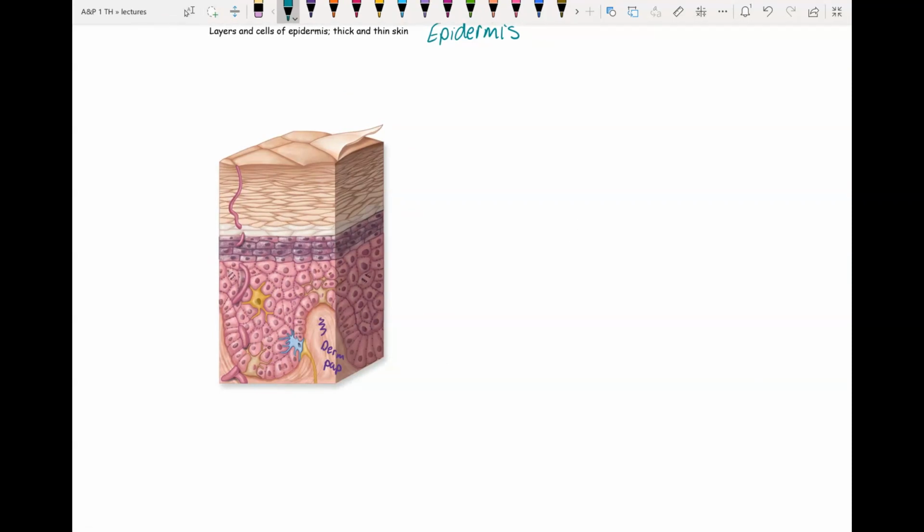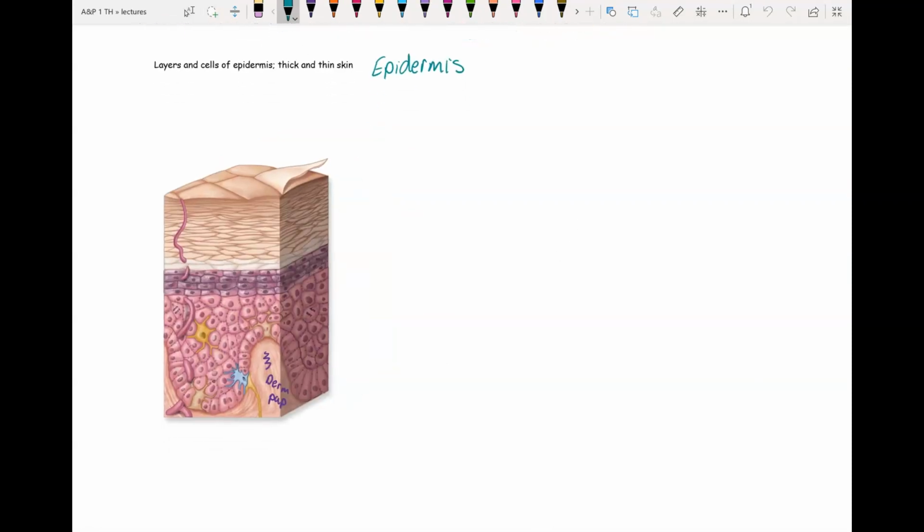So we're going to focus on the epidermis now. And remember, the epidermis is keratinized stratified squamous epithelium. And that keratin is a tough, water-resistant protein.